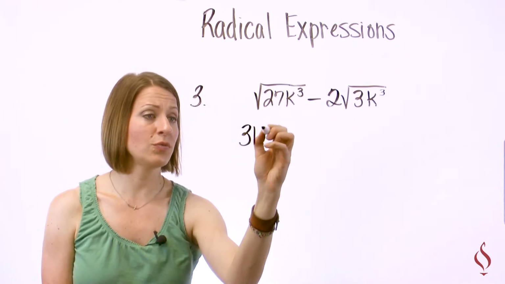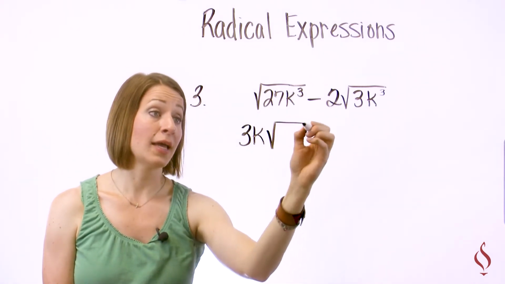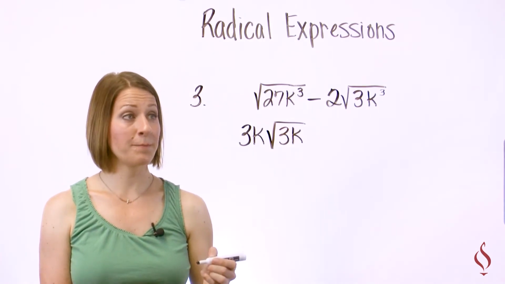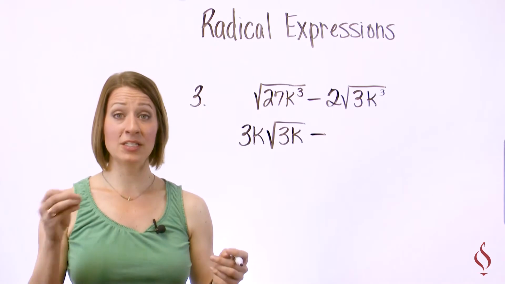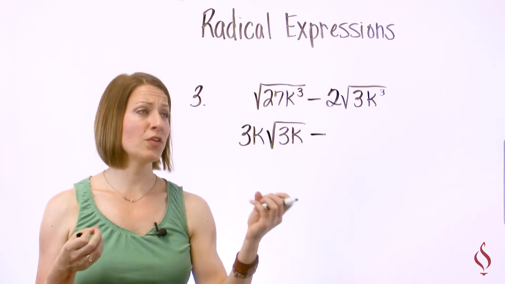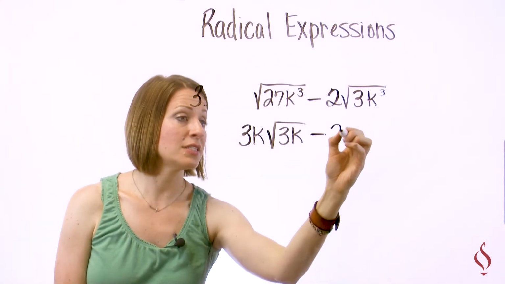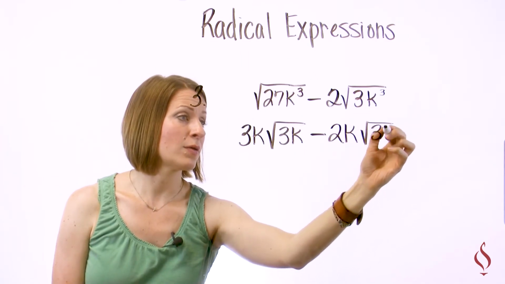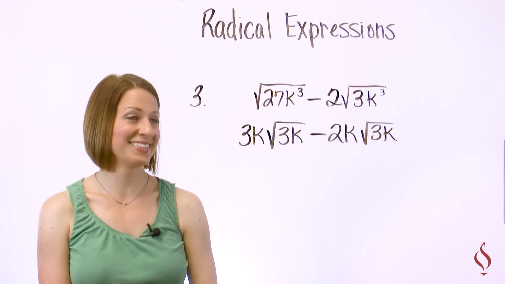So we're going to put a 3k outside the radical, and inside the radical will be a 3k as well. The second expression already has a minus 2 on the outside, and the only perfect square we can pull out is a k squared, and so this is going to be 2k radical 3k. A lot of k's.